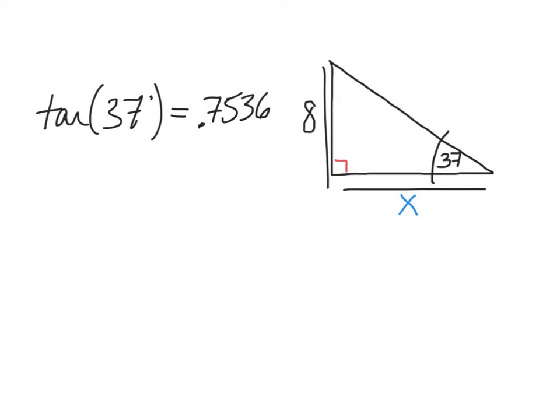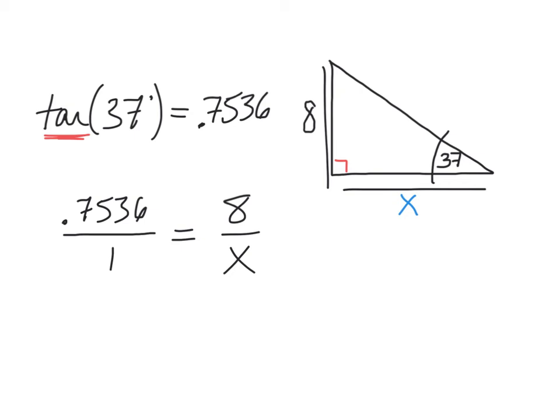Well, how is that going to help me solve for x? Well, remember, this is all a ratio, a comparison of two values. So technically this 0.7536 is written over 1. And according to the definition of this function, I can set this ratio equal to the comparison of these two side lengths, 8 over x.